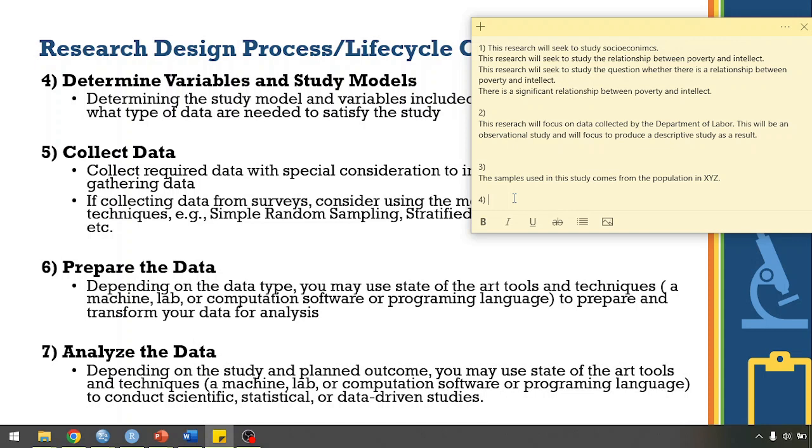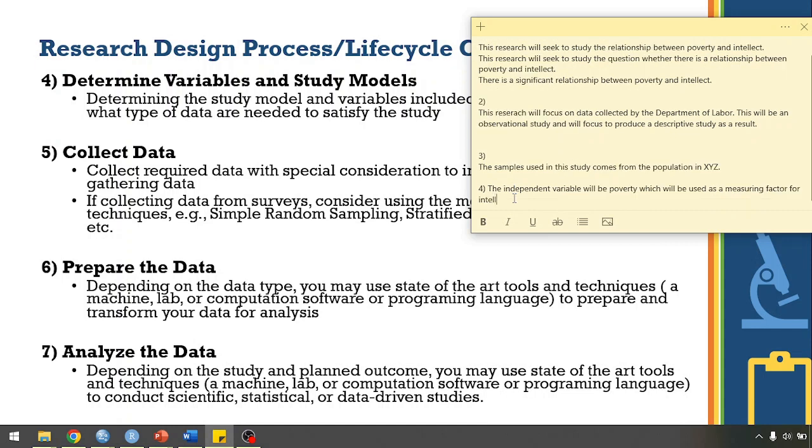So in here you can add that the independent variable will be poverty, which will be used as a measuring factor for intellect.